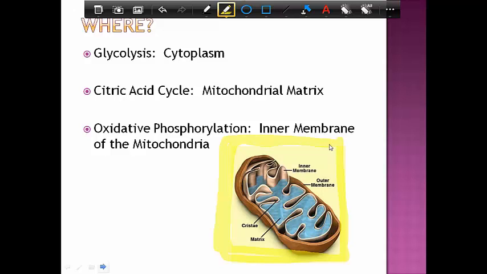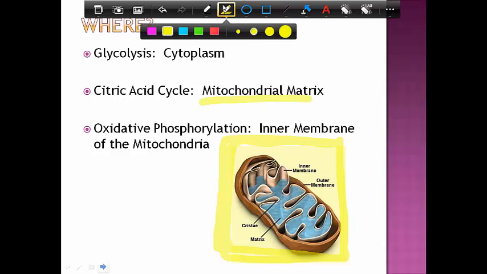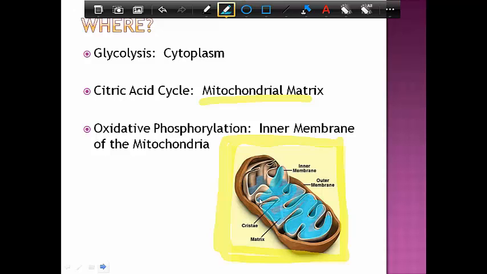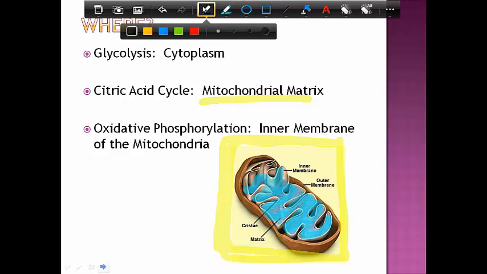The second step we're going to talk about in this vodcast is happening in the mitochondrial matrix. I'll just remind you where that is. This blue area in the inner folds of the mitochondria is the matrix. So the pyruvate that is made in the cytoplasm in step 1 is going to be out here.